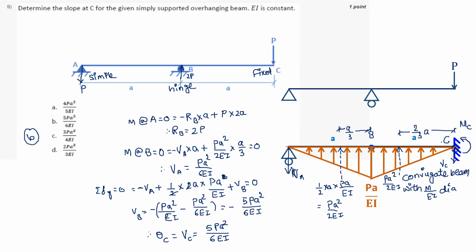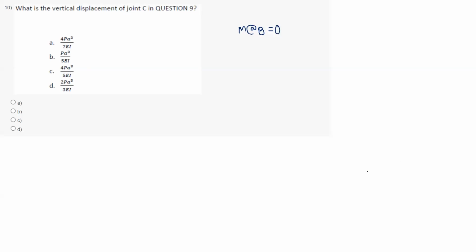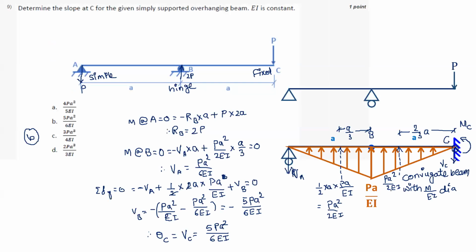Now we have VC into A, minus, this will be clockwise, so minus PA square upon 2EI, that is of the triangle.